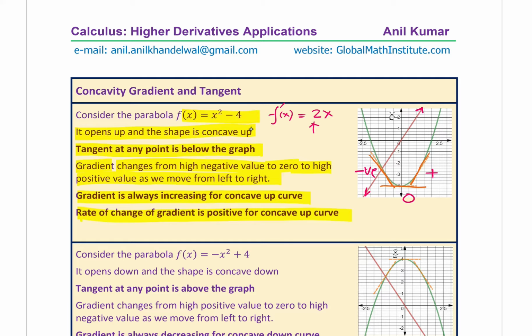This graph is called concave down. In this case, we have a tangent above. Now here we have concave up and we have tangent below, correct? Now here we have concavity changing.